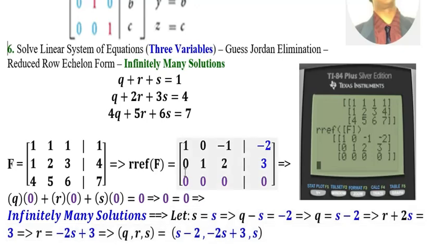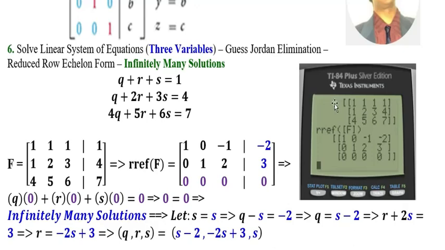Then from the second row we have r plus 2s equals 3. That means r equals minus 2s plus 3. That means q, r, s is equal to q is s minus 2, r is minus 2s plus 3, and s is s.